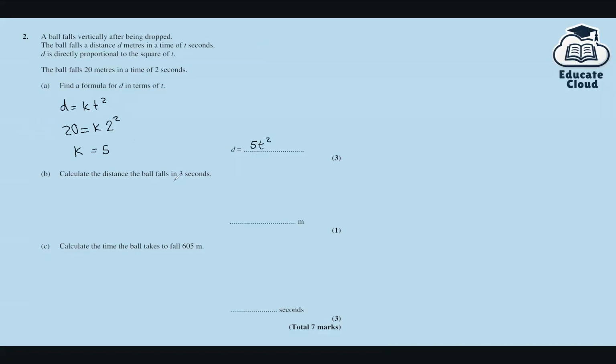Now to find the distance when the ball falls in 3 seconds, we just need to sub in 3. So we're going to do 5 times 3 squared, which is 9 times 5, so 45. And then calculate the time the ball takes to fall 605. So here we're just doing 605, and we're going to divide that by 5 to find t squared.